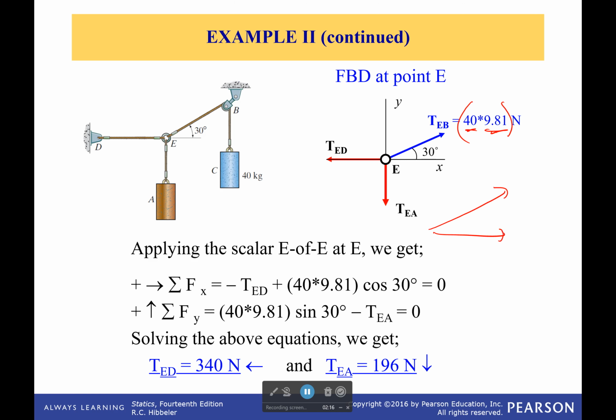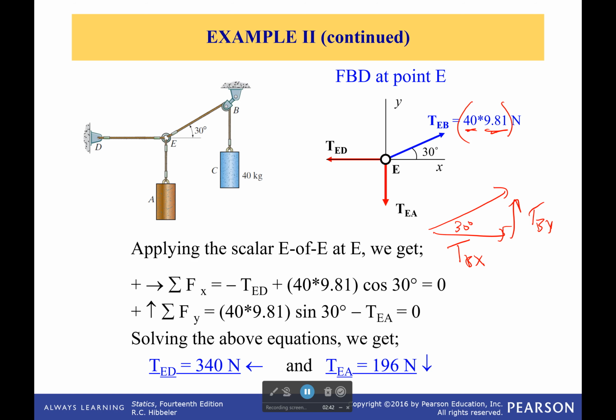So first we draw our little force triangle. I'm just going to call it TBY and TBX right here. And this is 30 degrees. So with that in mind, we calculate these things right here.